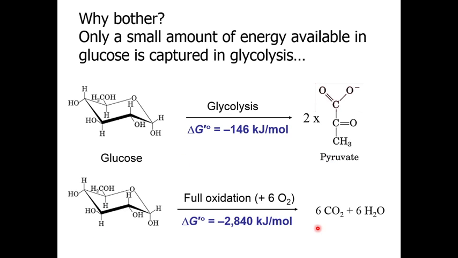The full oxidation of glucose would release about 2840 kilojoules per mole of energy, which results in formation of 6 carbon dioxide and 6 water molecules, while utilizing 6 oxygen molecules.